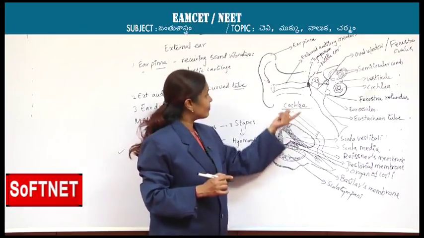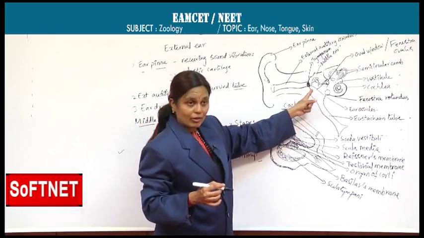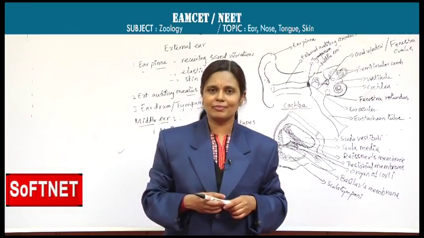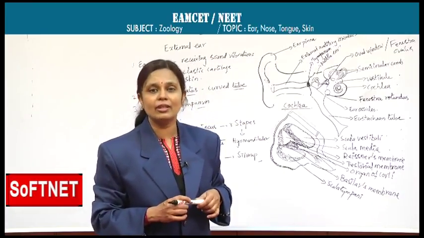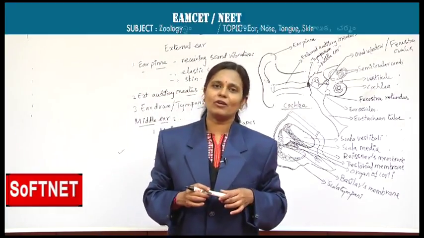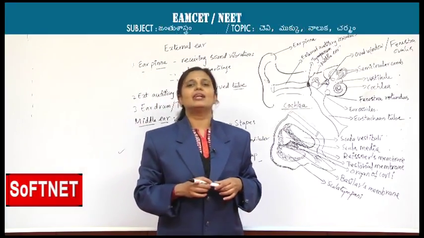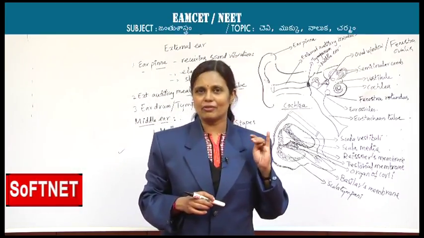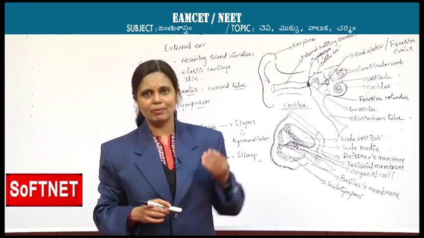And the next thing is about the middle ear cavity. Now the middle ear cavity is connected to the pharynx, or it opens into the pharynx. Which part of the pharynx? You studied that the pharyngeal cavity has 3 parts. They are nasopharynx, located above the soft palate.